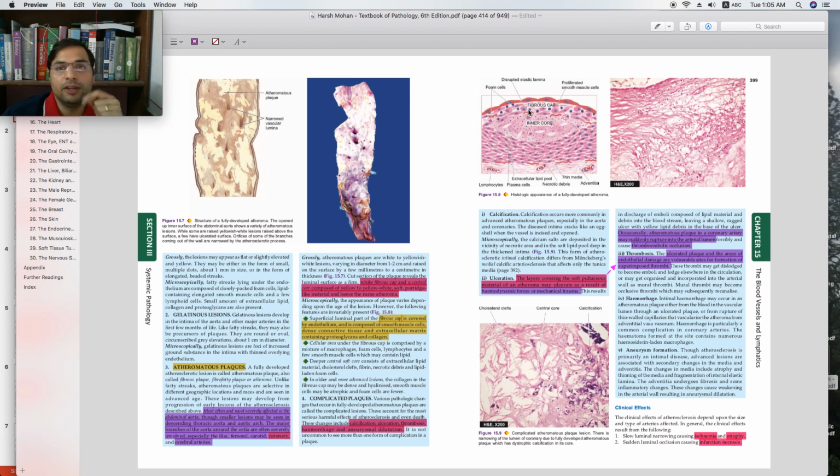Whenever the blood is exposed to anything apart from normal healthy endothelium, the process of coagulation starts taking place. And whenever this process of coagulation takes place inside the blood vessels, we call that thrombosis. The formation of thrombus takes place. So these plaques sometimes change themselves and become complicated. So that is called complicated plaques.